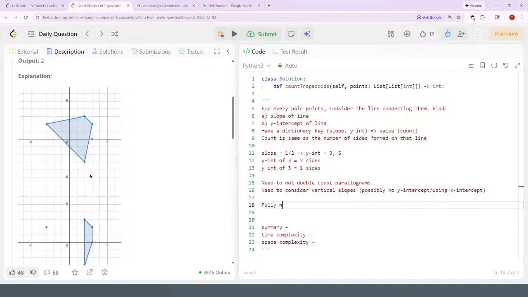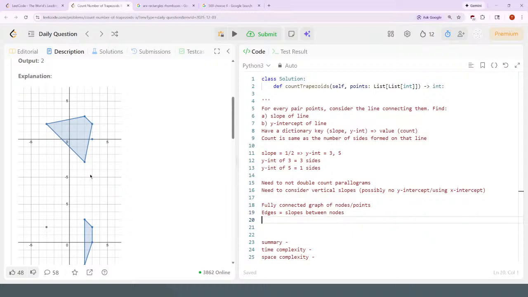Fully connected graph of points. I guess points are nodes here, and edges are the slopes between nodes. And how many paths have alternating? No, it's not even alternating, right?